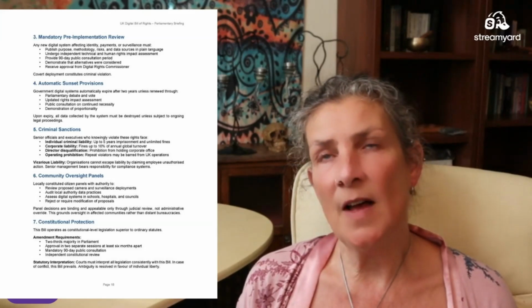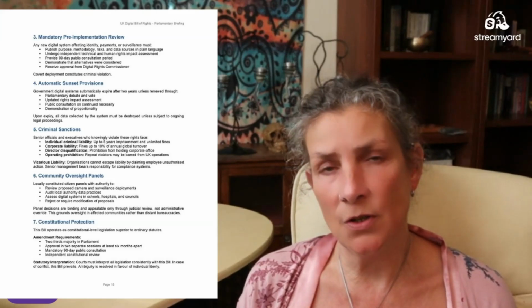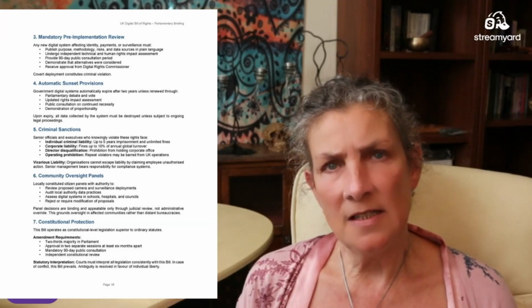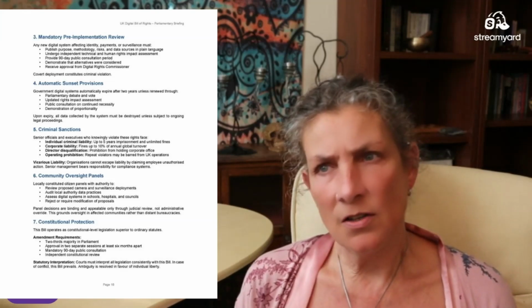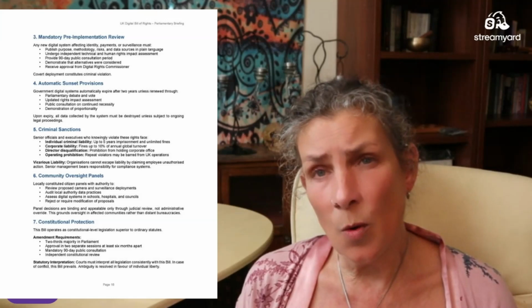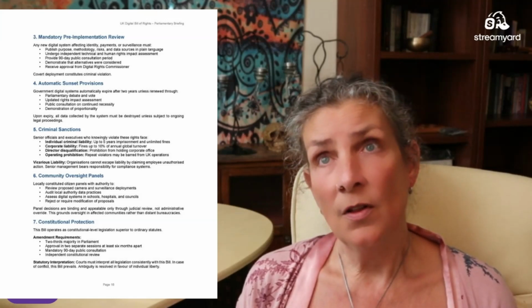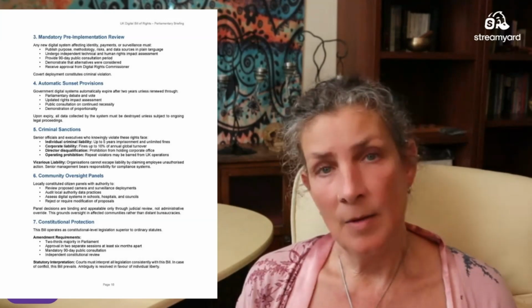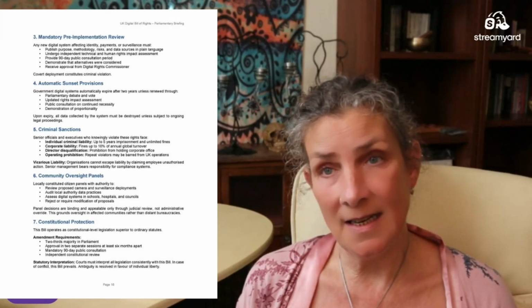So if at any point something goes through the court and the court is, oh, well, we're not sure if this infringes upon an article within the Bill of Rights, that not sure must always fall on the side of individual liberty, because that's what the Digital Bill of Rights is about.